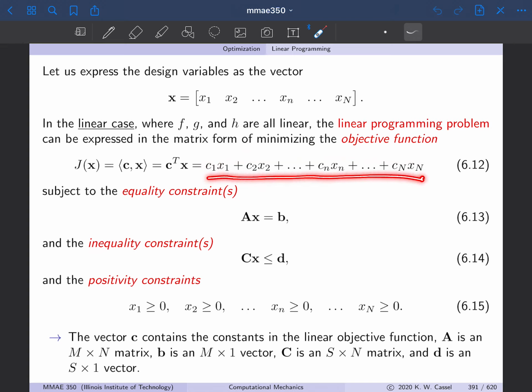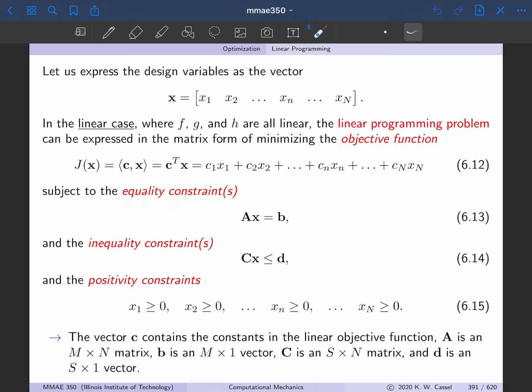And so this can be expressed in vector form as C transpose x, where C is the vector of the C coefficients and x is the vector of the design variables. C transpose x is also the inner product, or the dot product if you prefer, of C with x. So we can express it that way in linear algebra terms.